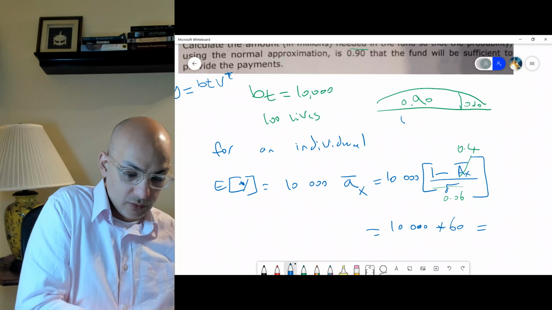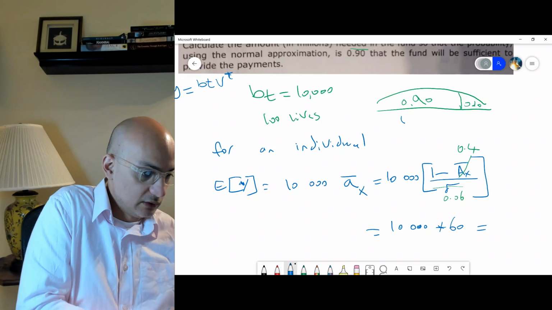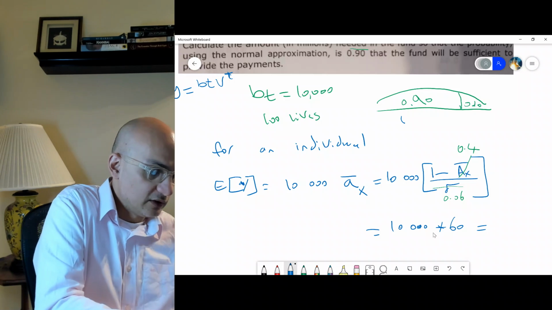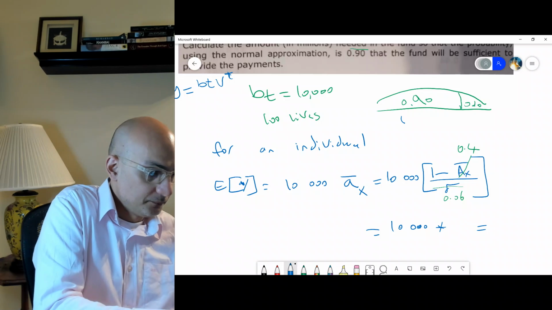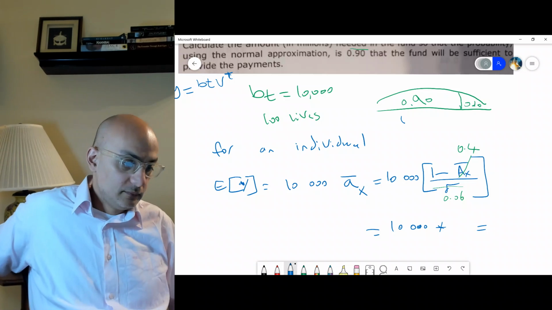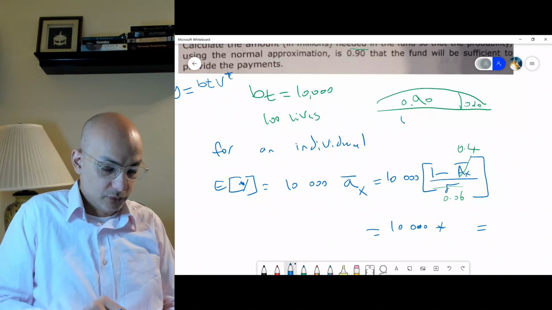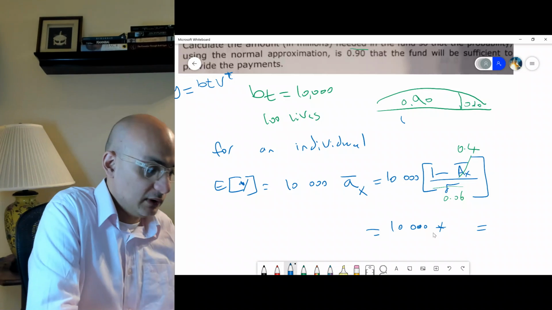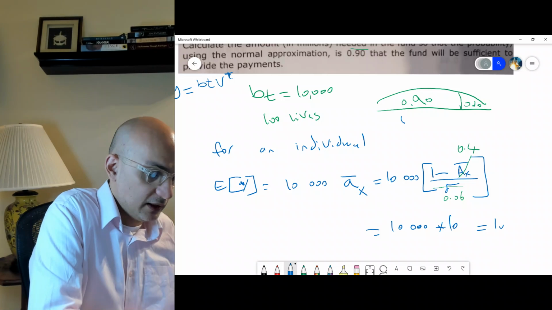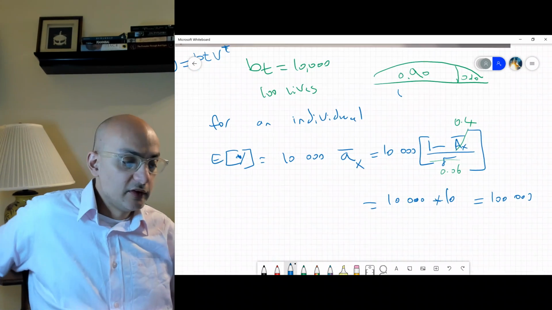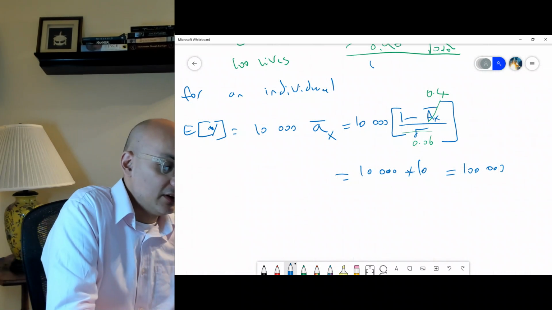Sorry, not 60, I mean 0.4 divided by 0.06, 0.6 divided by 0.06. Now I meant 10, it's 100,000. Okay. So this is the 100,000, right?